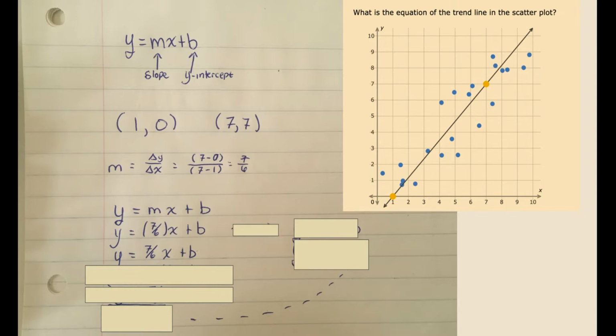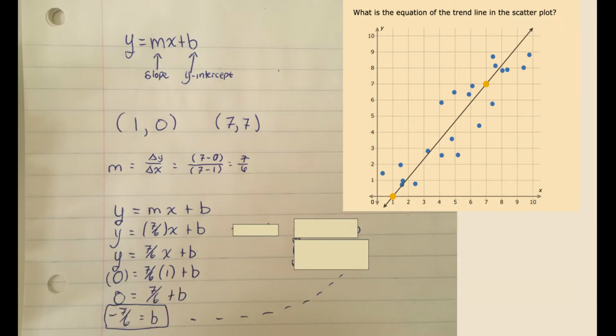What numbers are easier to deal with here? Well, the point (1, 0) is easier, so I'm going to use the 1 for x and the 0 for y. I'll substitute that in, and as I simplify down and solve for b, I get negative 7/6.